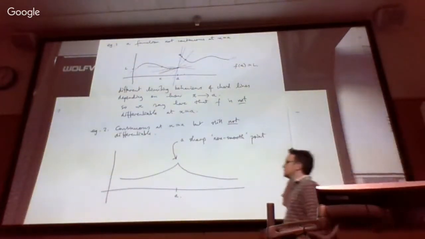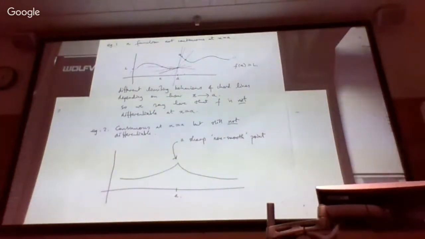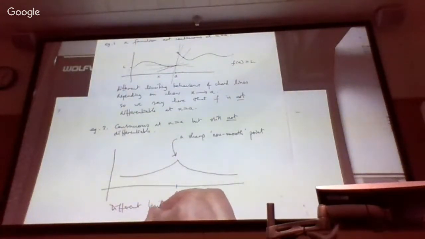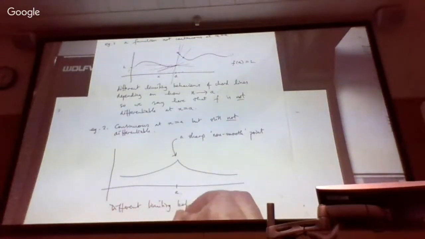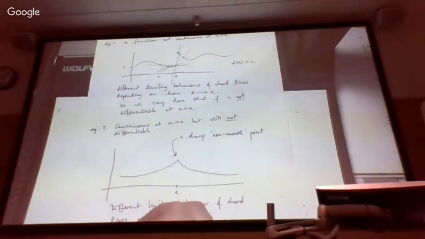So this would be an example of a non-smooth point on the curve. And again here there is different limiting behavior of the chord lines, depending on how x approaches it.